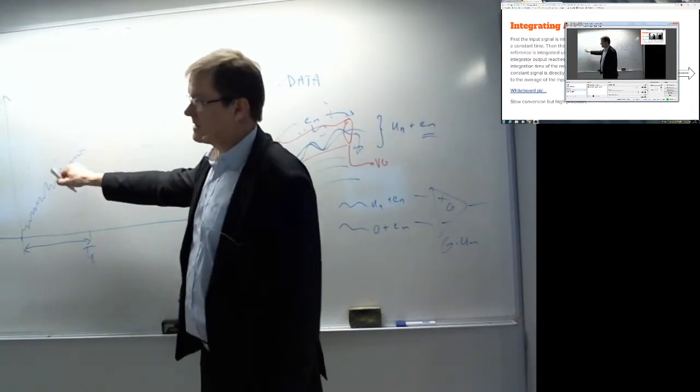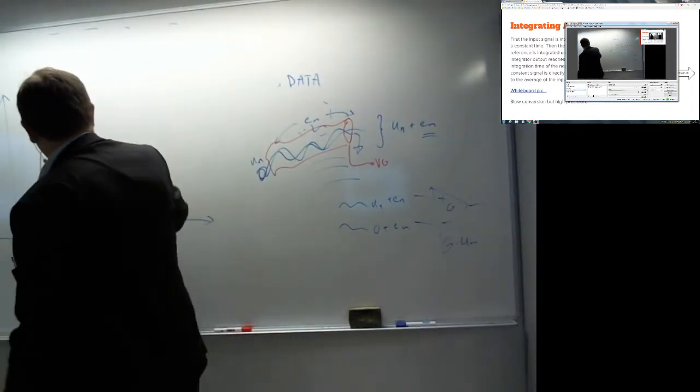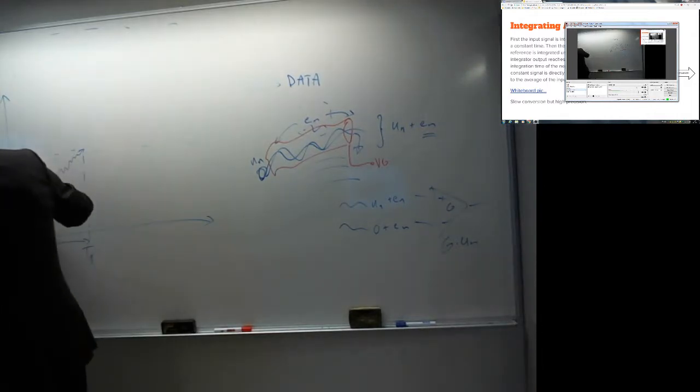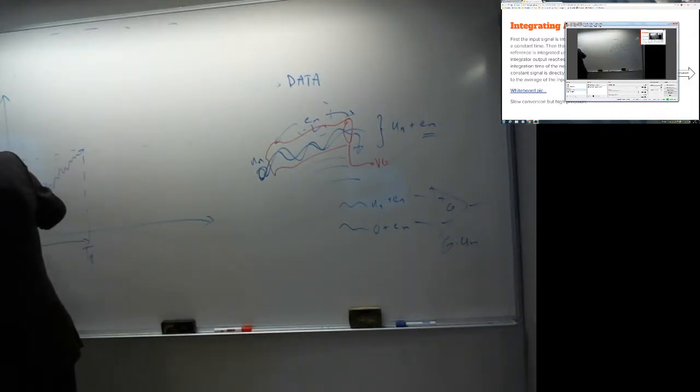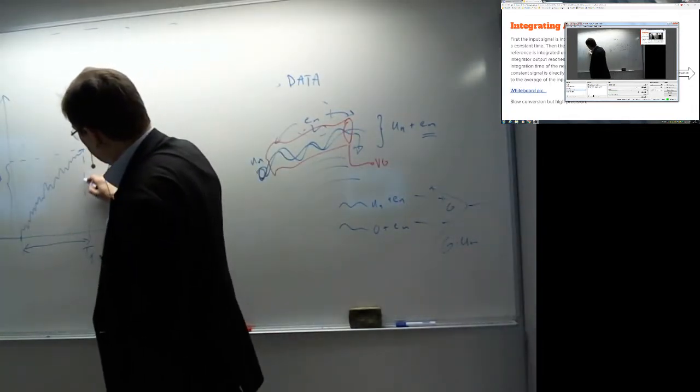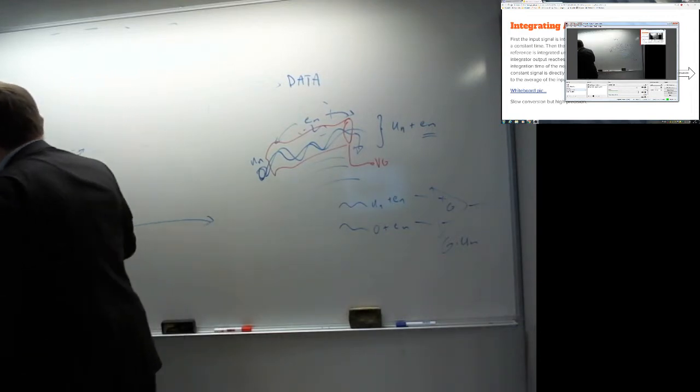It doesn't usually have that much noise on it. It reaches some level which is proportional to the integral from 0 to TI of the signal x dt. So it measures basically this area right here.